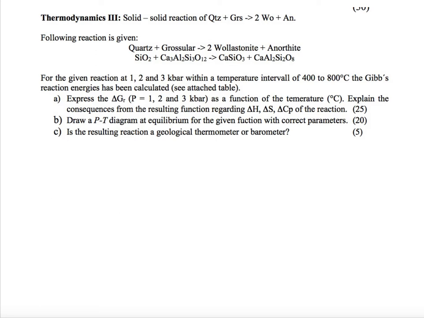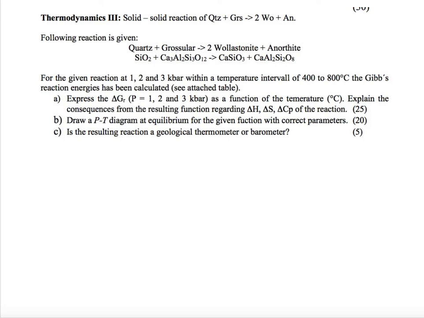Below you have the mineral chemical formulas. For the given reaction at 1, 2 and 3 kilobar within a temperature interval of 400 to 800 degrees Celsius, the Gibbs reaction energies have been calculated. That is in the next table.